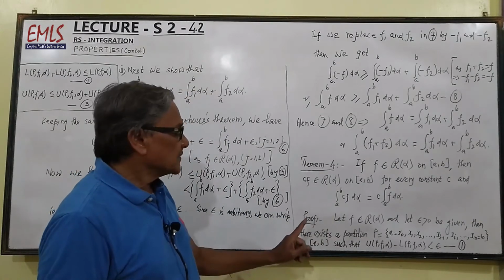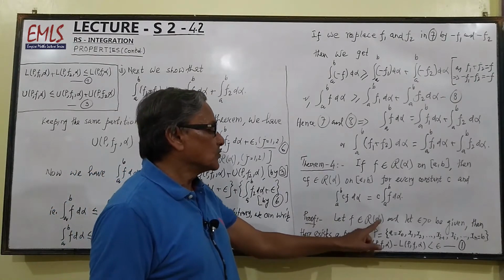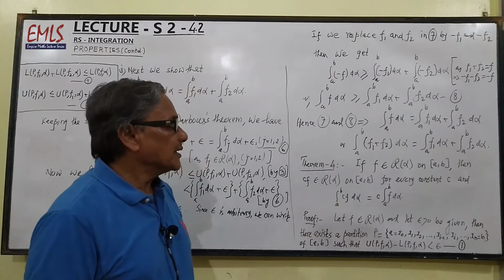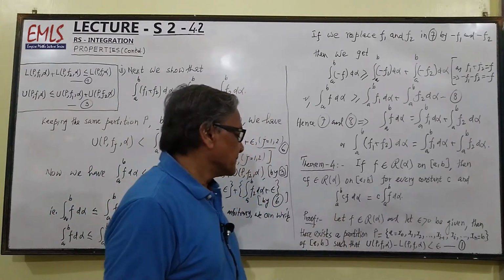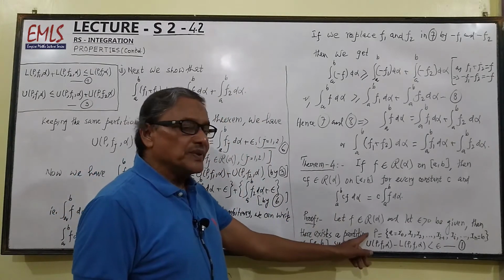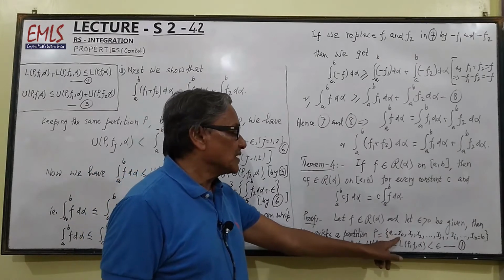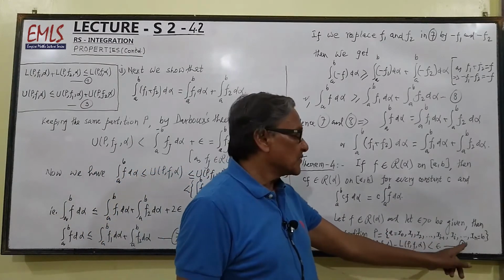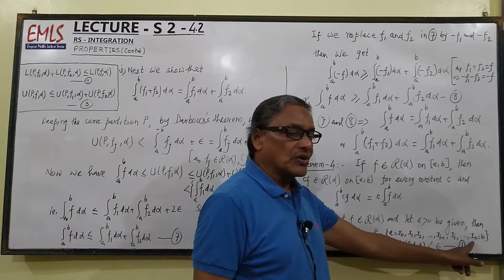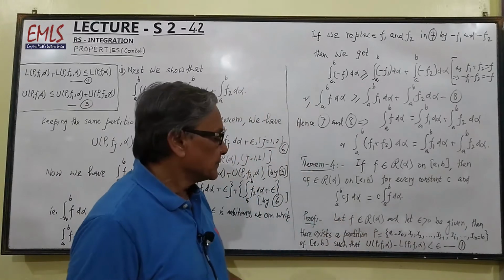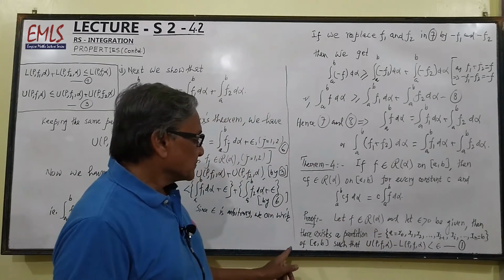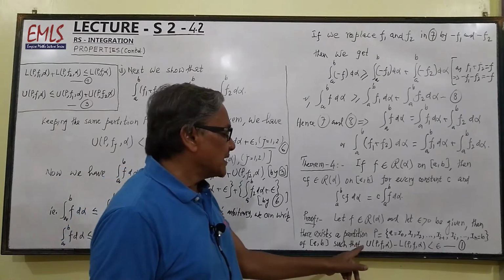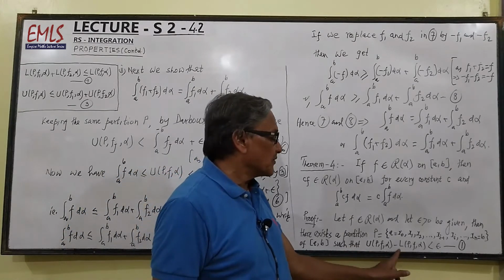Proof: Let f belong to R(alpha) and epsilon greater than 0 be given. Then there exists a partition P of [a, b], consisting of points a = x0, x1, x2, ..., x(i-1), xi, and so on, xn = b, such that U(P, f, alpha) minus L(P, f, alpha) will be less than epsilon.